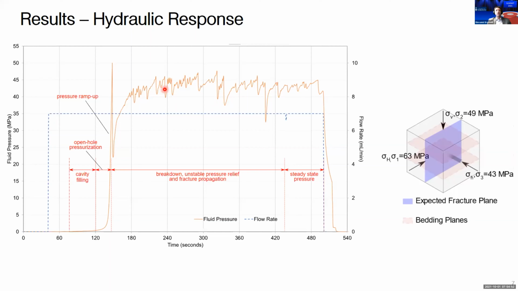This is not really a stable propagation. There are a lot of drops that our pressure sensor captured. So this is quite similar to the overall shape of the curve you would see in the field.